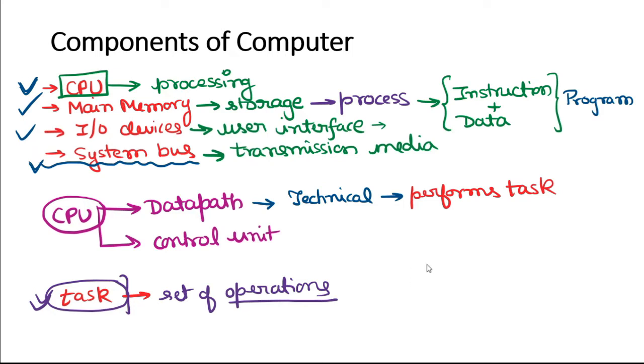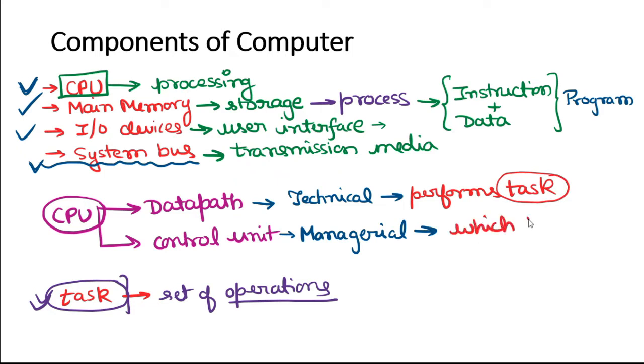Okay, now if data path performs the task, what does control unit do? So control unit is actually the managerial team. So what do you mean by managerial team? So control unit manages things. It tells data path which task to perform and when to perform.